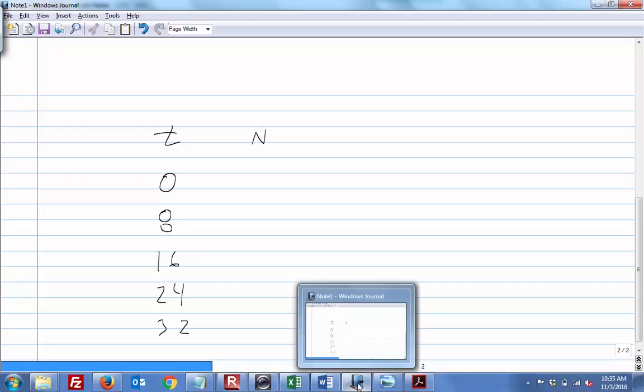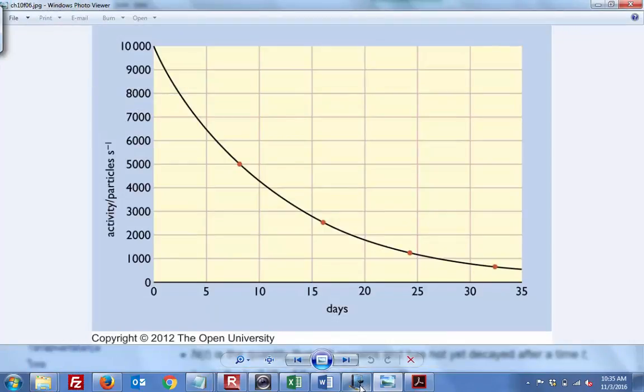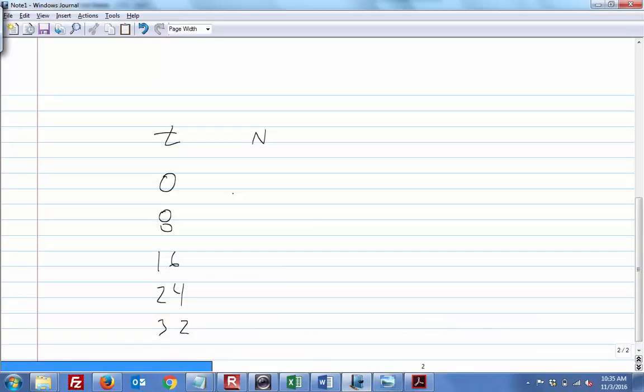And n, the number of particles, starts at 10,000, then 5,000, 2,500, 1,250, and then 675.